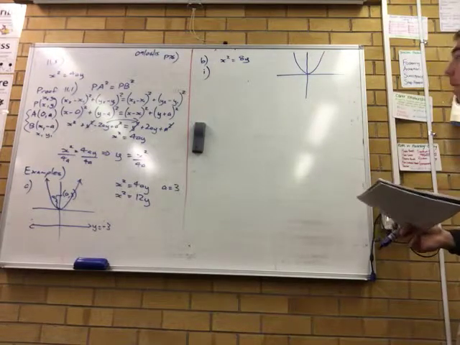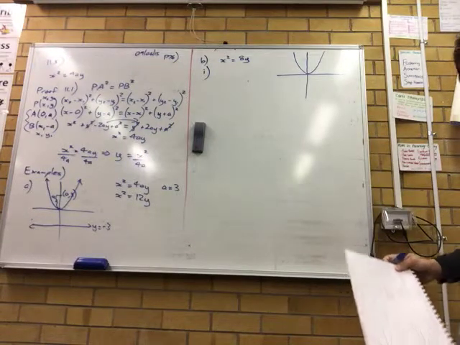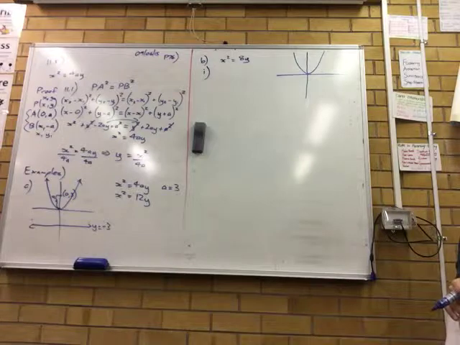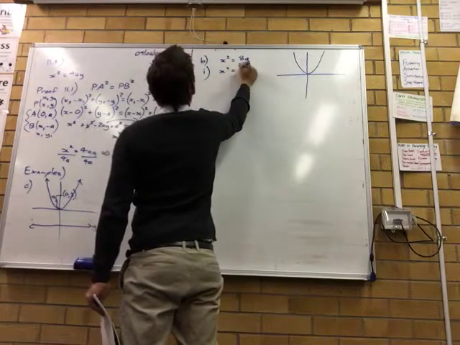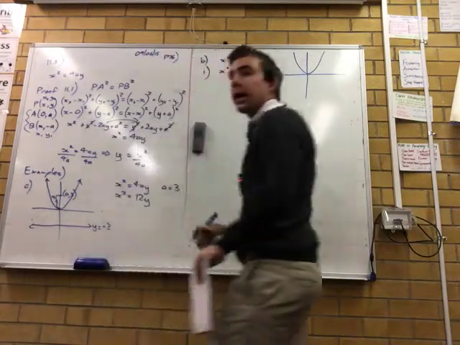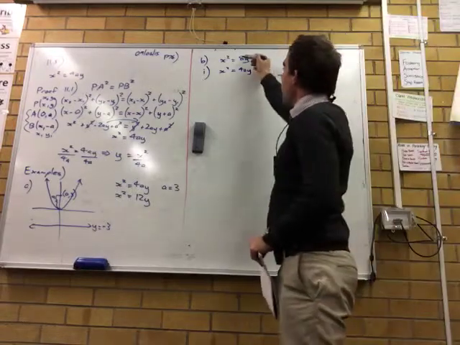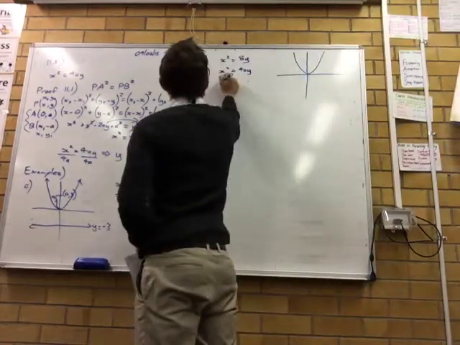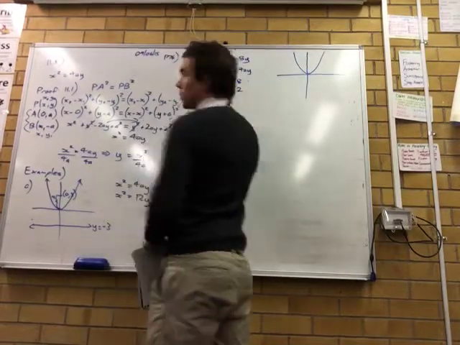So part I, find the focal length. In other words, find the value of a. The format is x squared equals 4ay for our concave up parabola, and matching your variables, 8 must be equal to 4a. So 4a equals 8, so a is equal to 2.